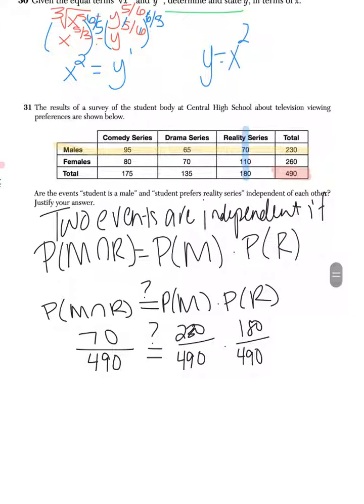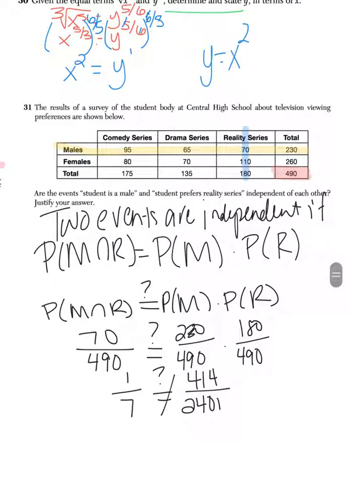So this left side simplifies to be 1 over 7 in my calculator. Is that equal to whatever this is being multiplied together? So I type that into my calculator, and I get 414 out of 2401.